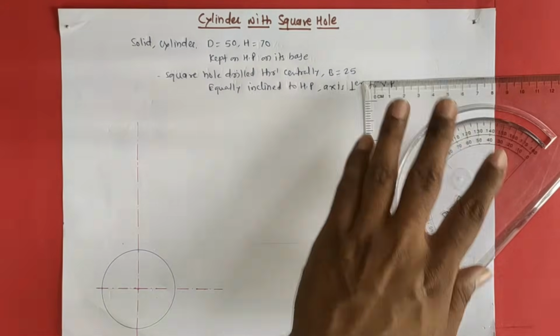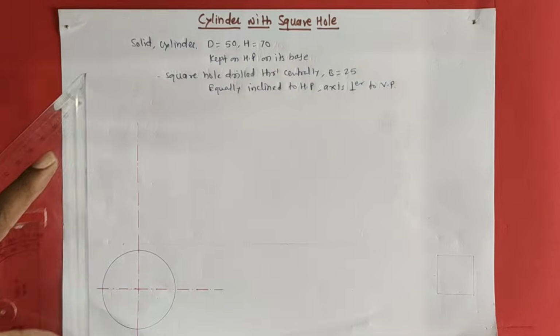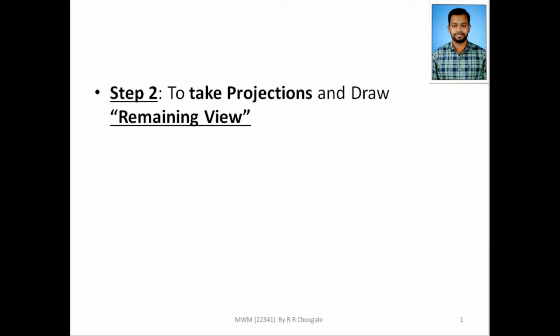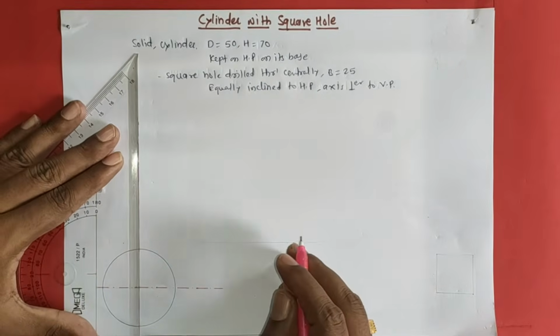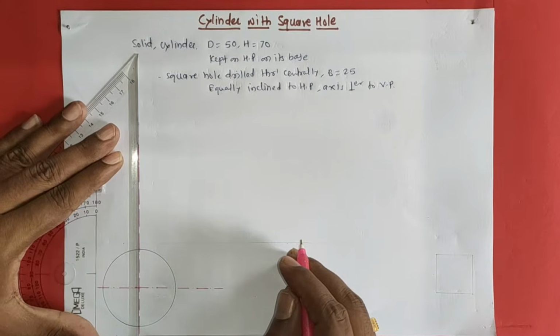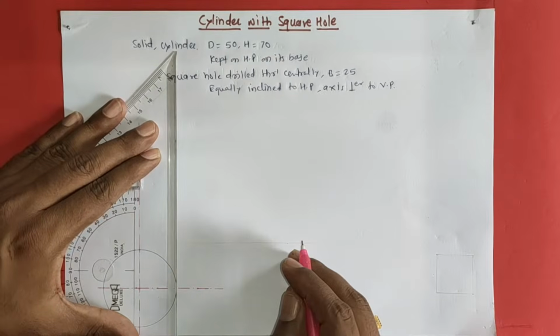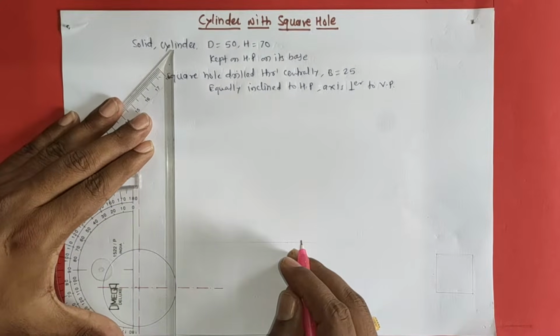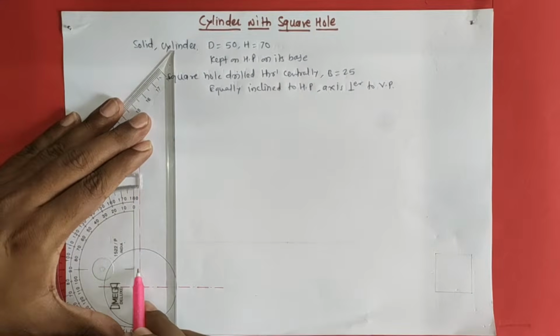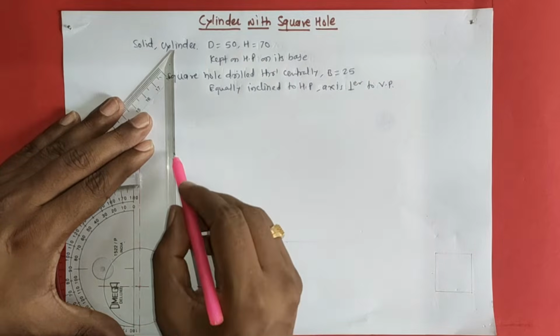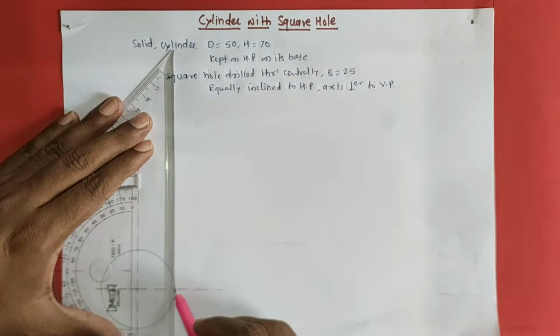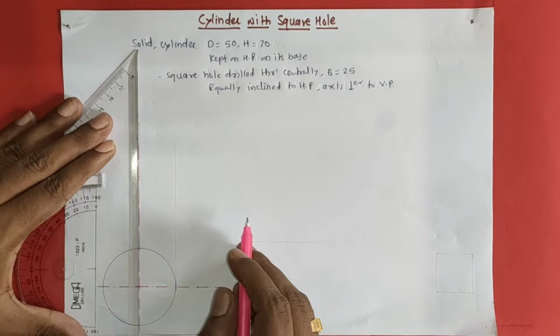Now take projections of it to the front view. If you use a roller or drafter, you will get exact projections. Now see, this line is parallel to this line. I can draw a faint projection here.